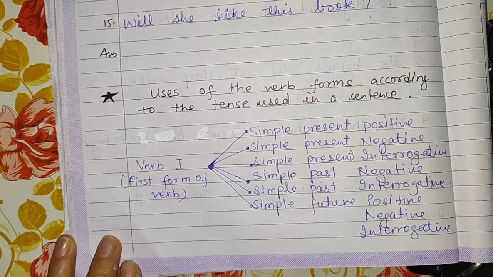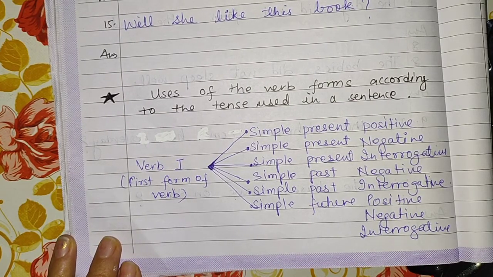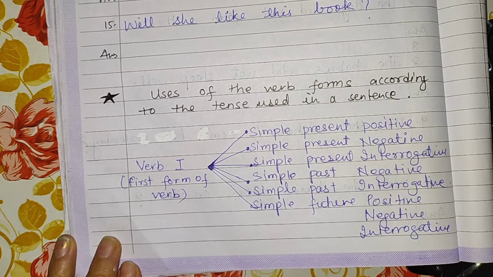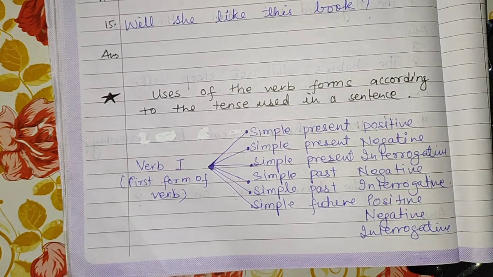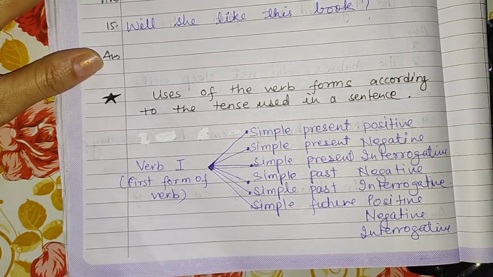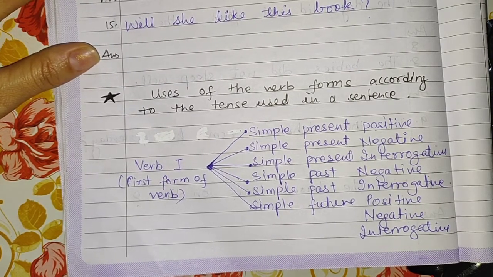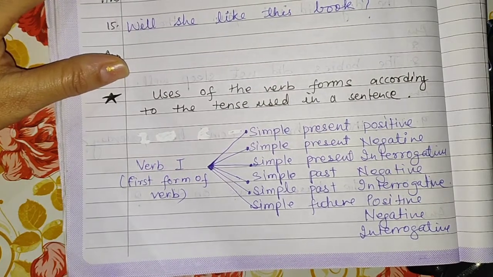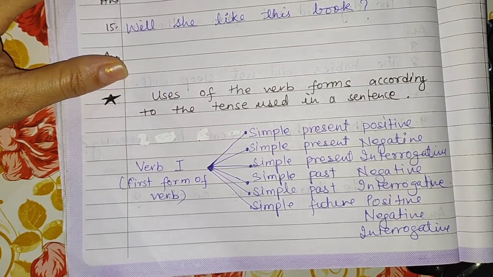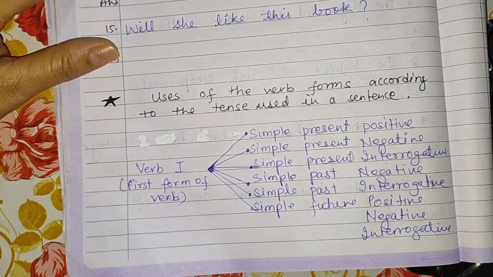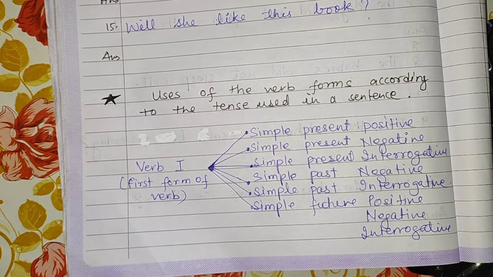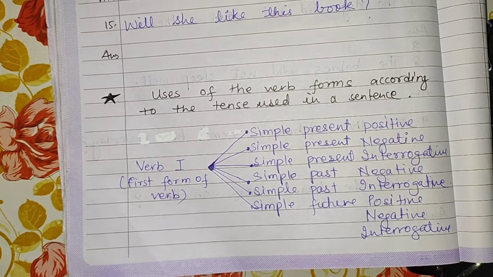If you are using the subject in singular form in a sentence written in simple present positive, then it will be verb plus s. For example, if I take the subject she, it is singular. She we use for a singular person or singular girl. Or I can take a name also, like Mohan.